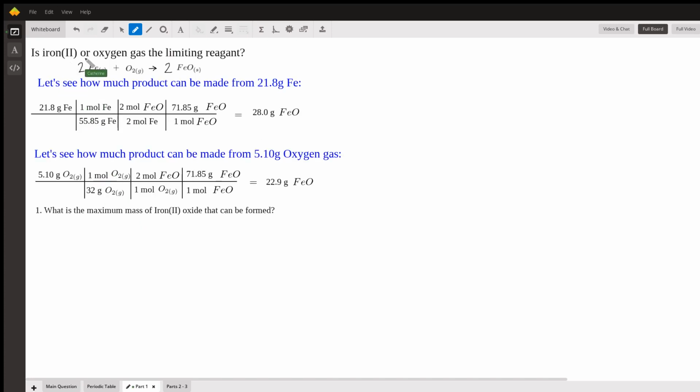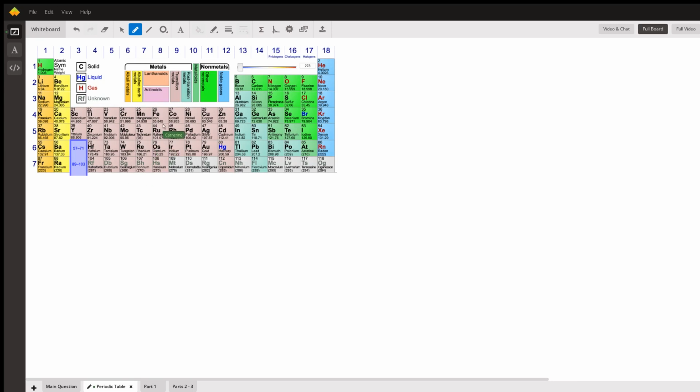We're trying to figure out first, is iron the limiting reactant, or is oxygen gas the limiting reactant? So let's see how much product we can make from the 21.8 grams of iron that we're starting off with. From our periodic table, iron has a molar mass of 55.845.